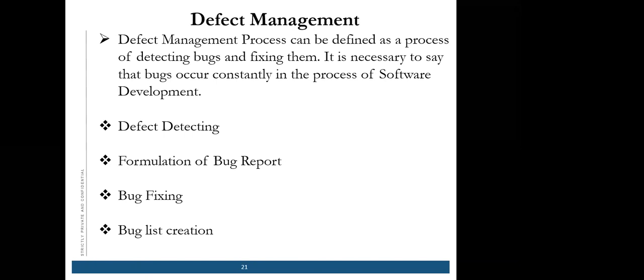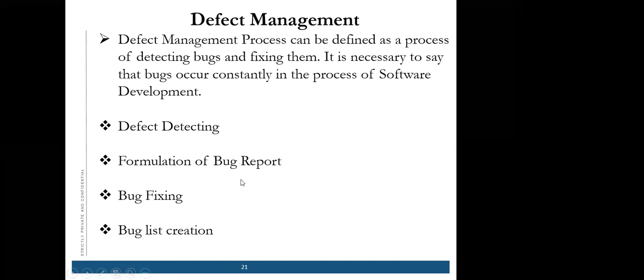So this will help them go through that document, see what solutions have been written, and then try to fix those bugs. So that is basically documentation. Okay. So this is all about bug management, that is how you will manage those bugs.